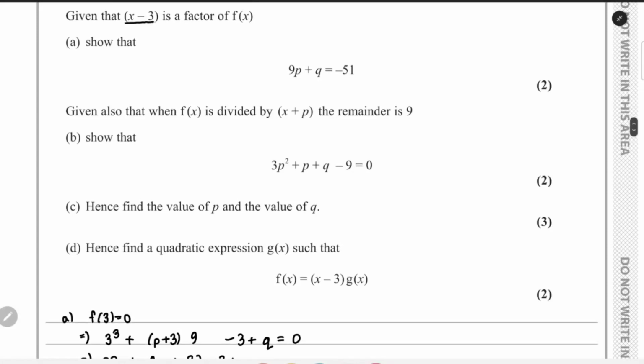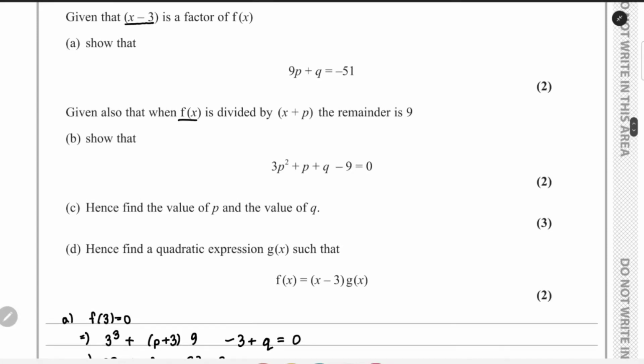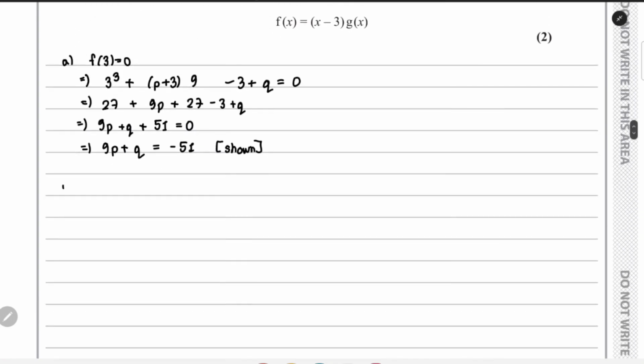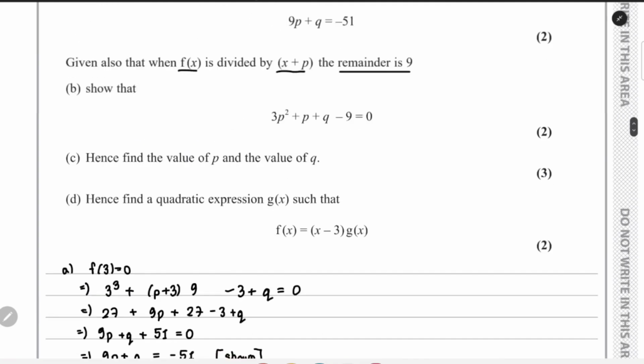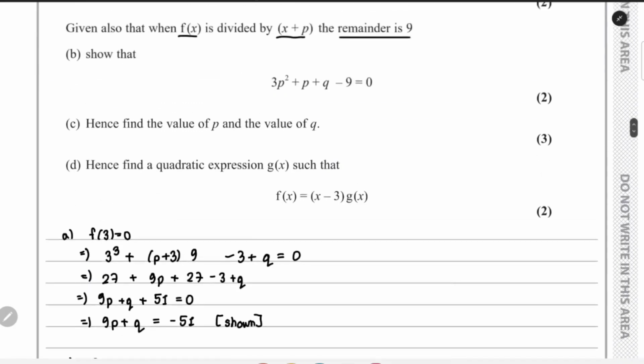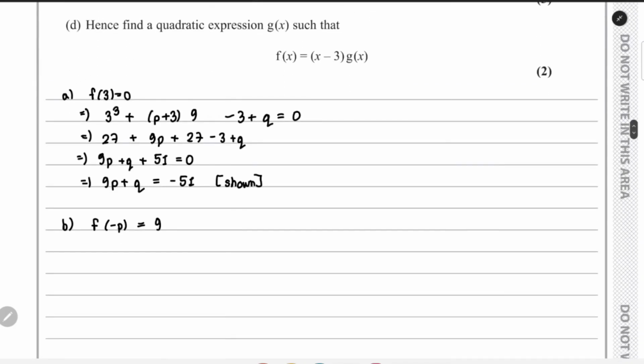Now in part B, we are told that when f of x is divided by x plus p, the remainder is 9. So f of minus p is equal to 9.